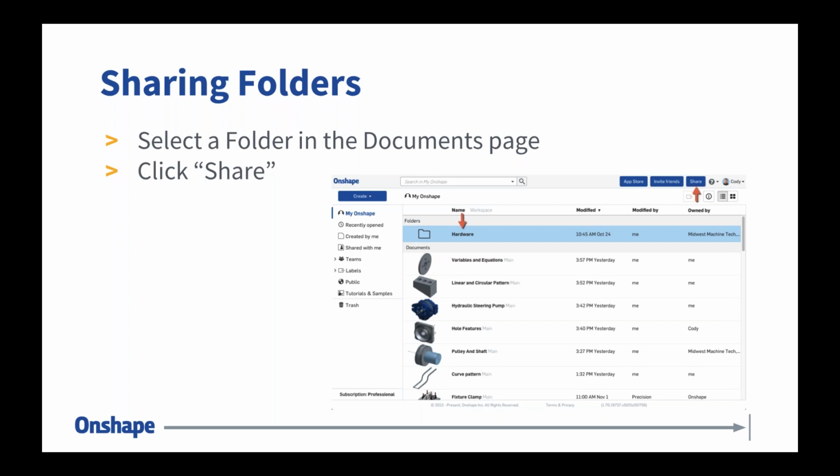And a good example is hardware, where I may have these one-off nuts and bolts that we use in our designs that aren't standard, but we share this standard library of whatever it may be in our organization. I can easily create a folder, add all my hardware documents to that folder, and share that with the entire team, literally with just a few clicks. So it's a very effective way to share a number of different documents very quickly.